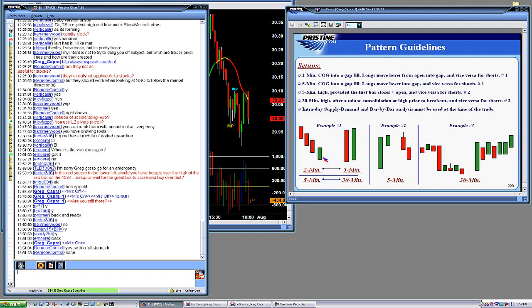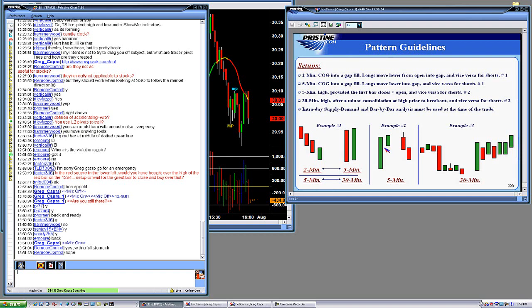But here we're looking to get in on the pullback to support. However it goes up, it'll change on different days. But the idea is that, based on the daily chart, we're getting in at support after a pullback, looking for continuation of the turn, and the daily chart should dictate that prices are going to continue to move higher.